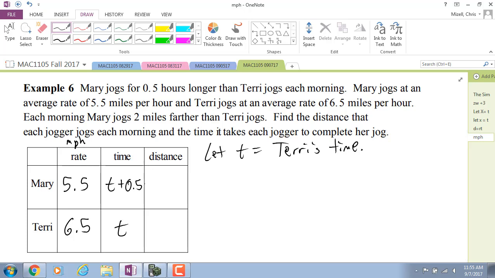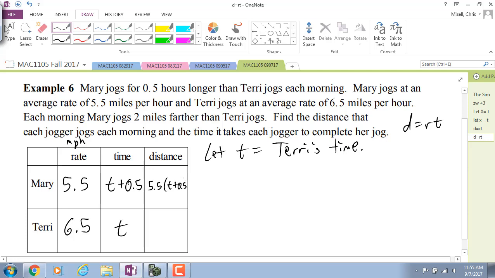Don't put any D's in the third column. Instead, use the relationship distance equals rate times time and calculate based on the rate and the time. Calculate that distance. So 5.5 times the quantity T plus 0.5, and then 6.5 times T.